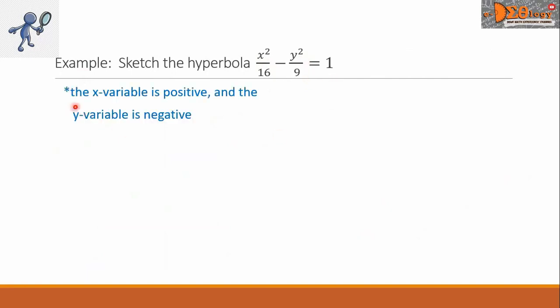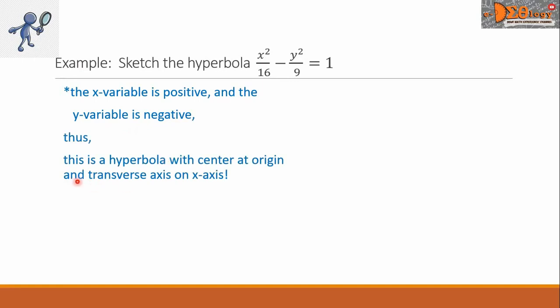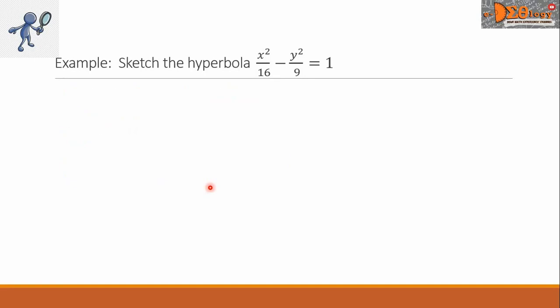Take note that the x variable is positive and the y variable is negative. It means this is a hyperbola with center at origin and transverse axis on x-axis. Let us find the vertices.